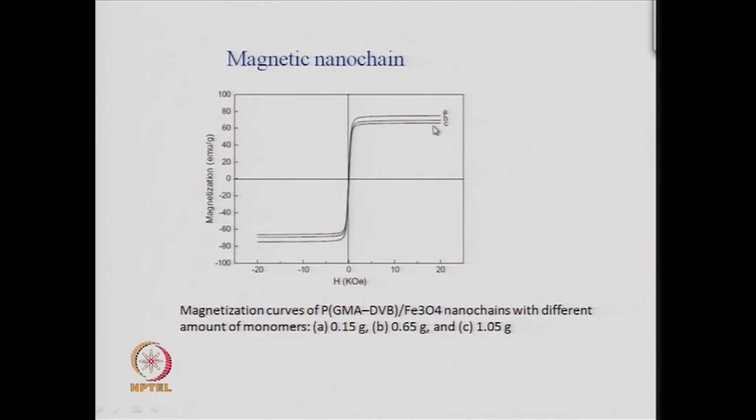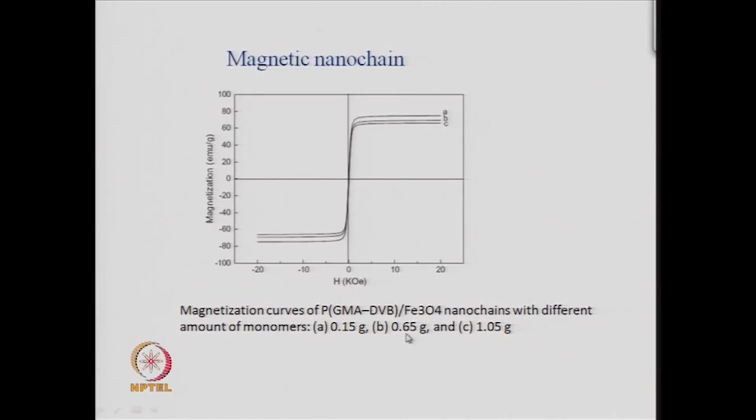What is the difference in the 3 plots? The difference in these 3 plots is the amount of coating one has, because you have added different amounts of monomers, the amount of coating has changed. So, A is a very small amount of polymerization which has taken place, and so you see the magnetization is higher, because the iron oxide can feel the applied magnetic field and its magnetization is high.